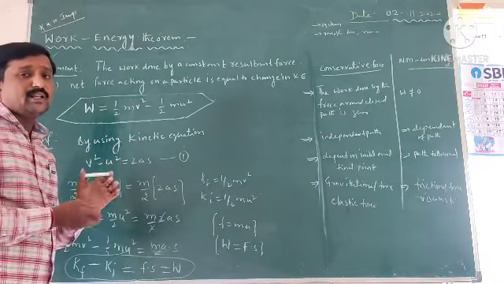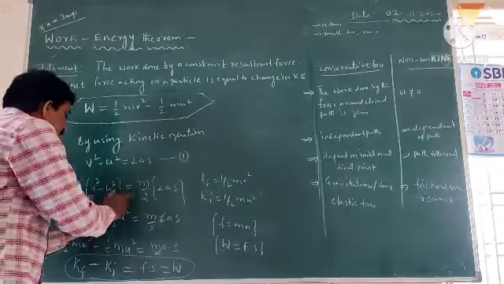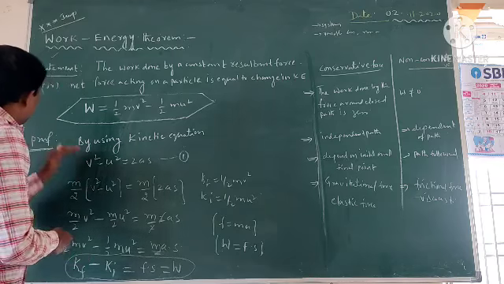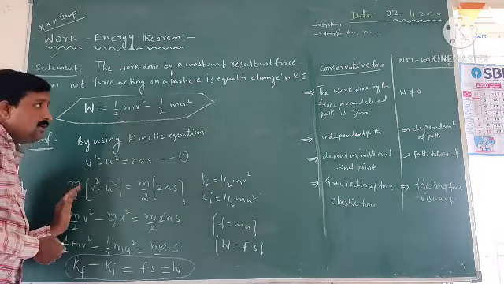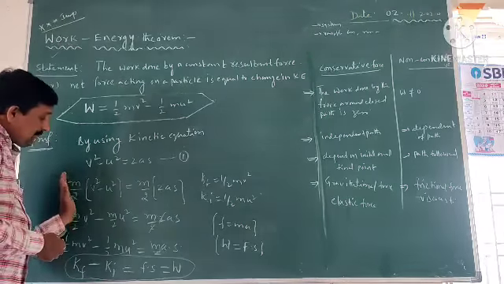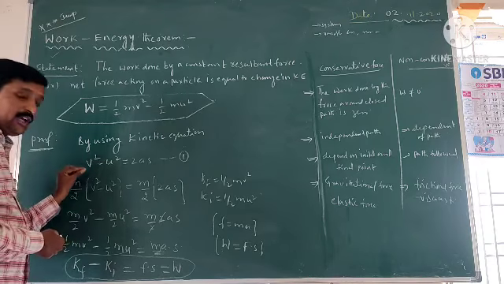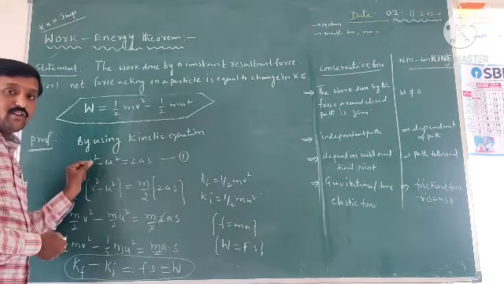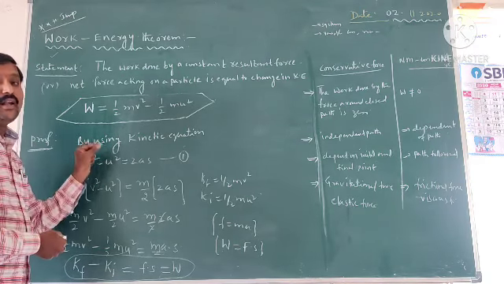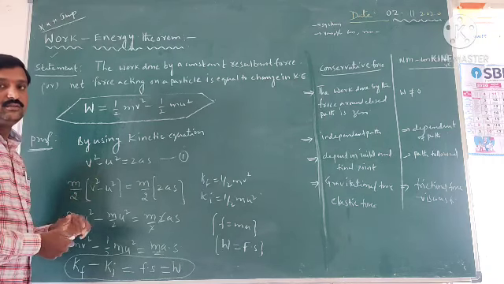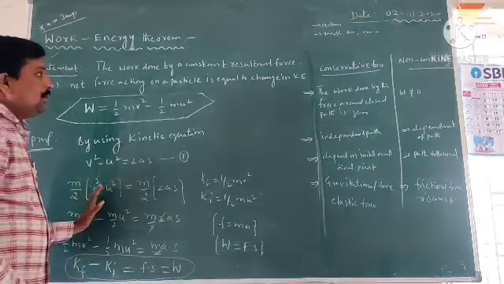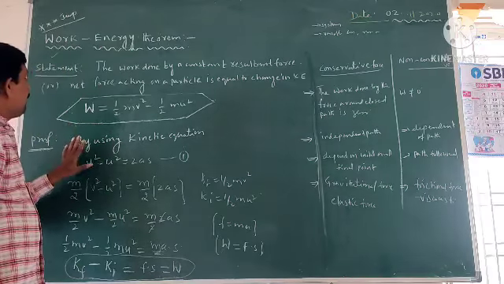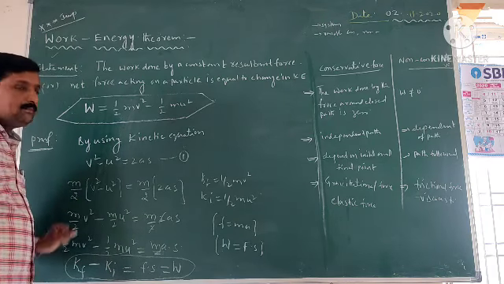More than one particle is called a system. The work energy theorem is also applicable for variable forces, conservative forces and non-conservative forces. This is one of the most important topics, the work energy theorem.